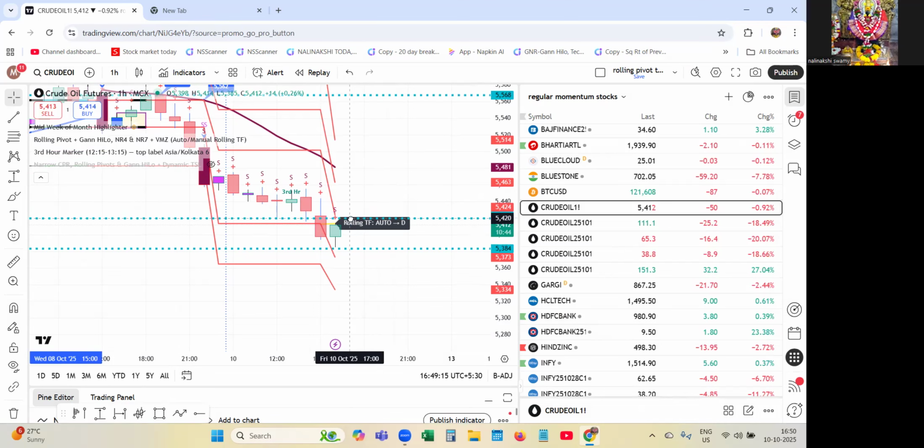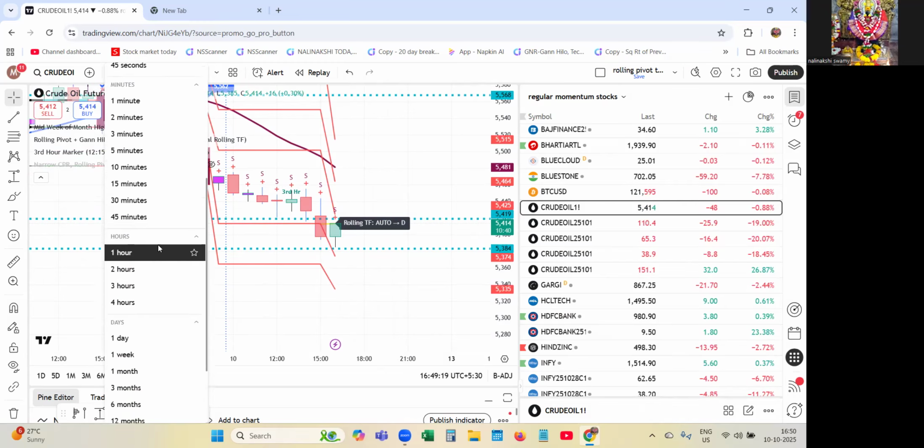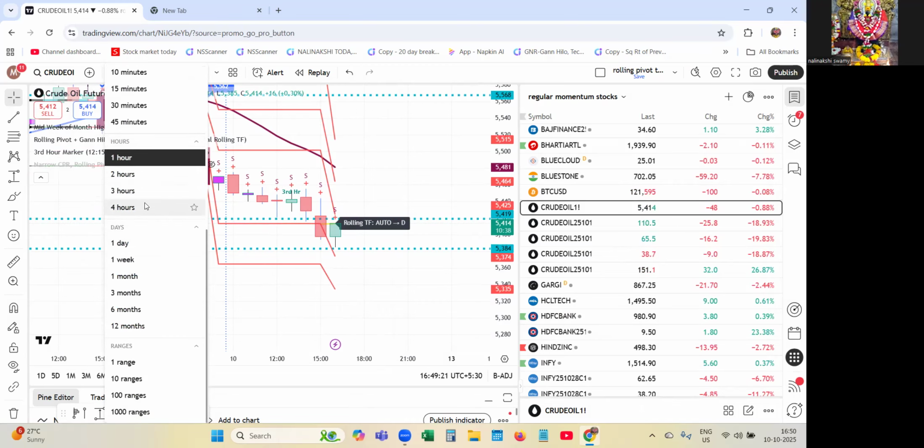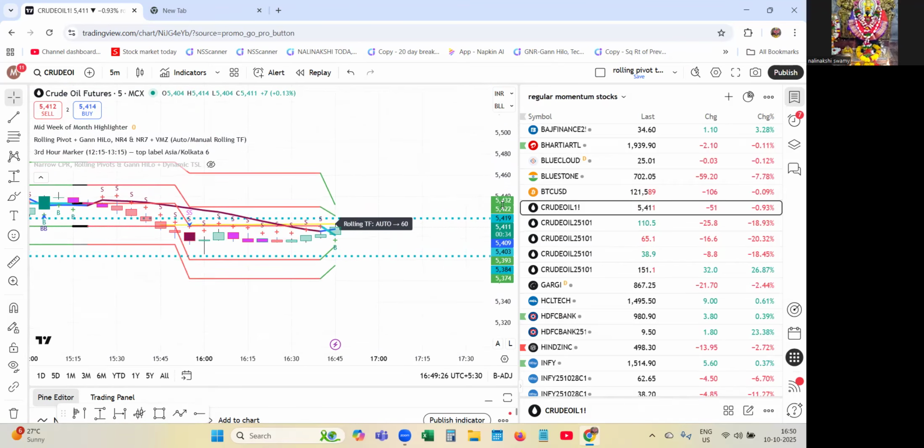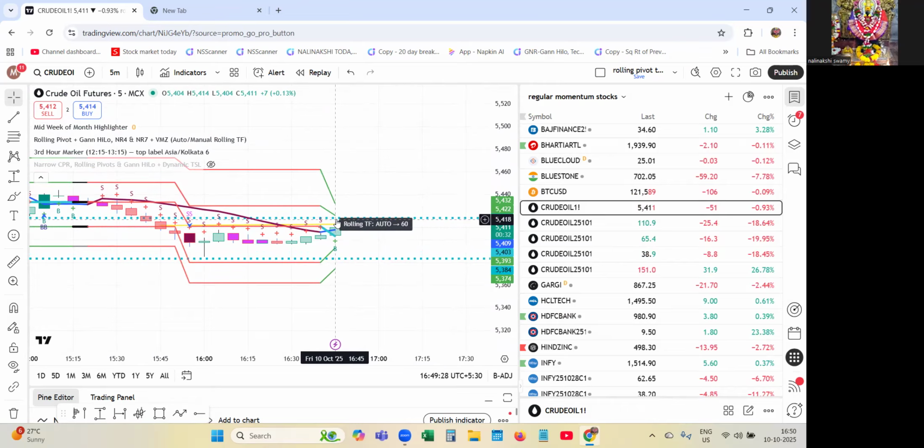Okay, let us go to the 5 minutes time frame. You need to check that. So it only has to cross the pivot here.